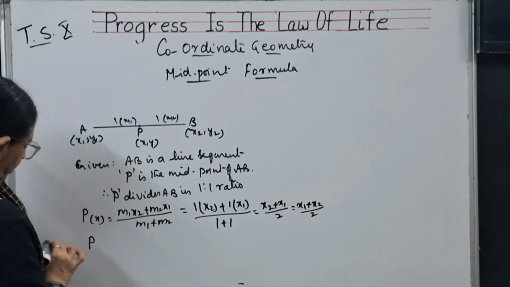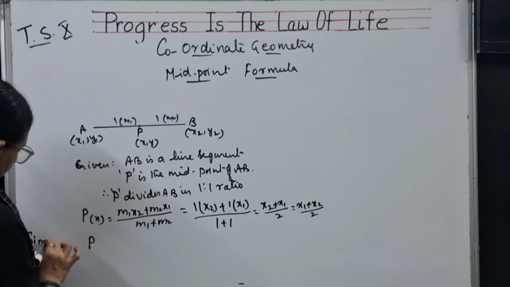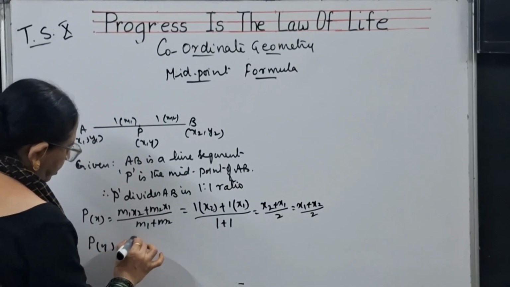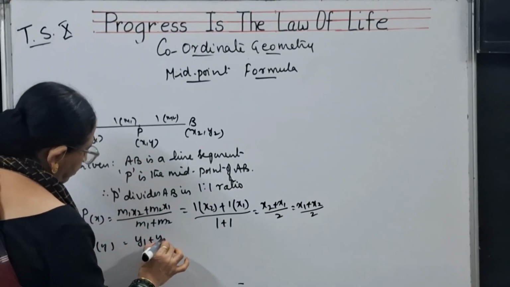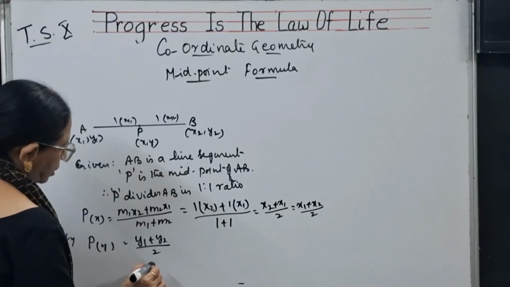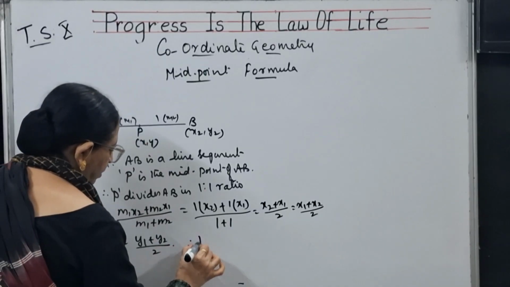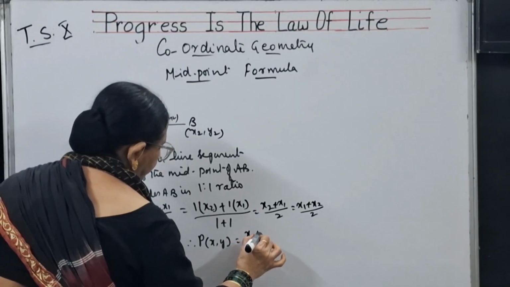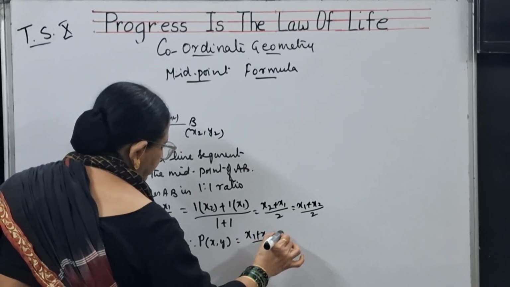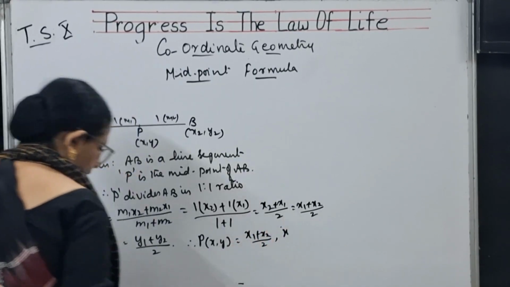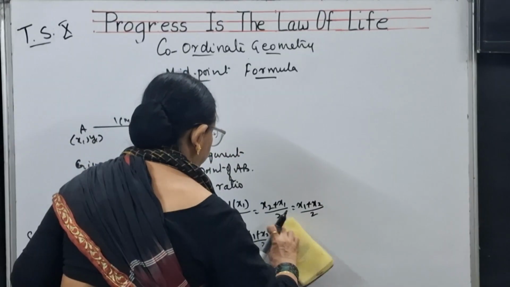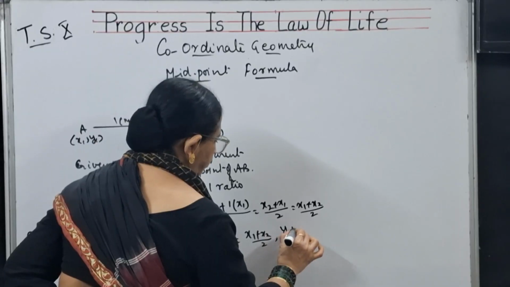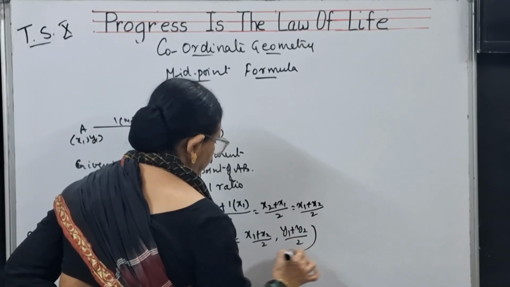Then similarly, P of y will be equal to y1 plus y2 by 2. Therefore, P of x comma y is equal to x1 plus x2 by 2 comma y1 plus y2 by 2.